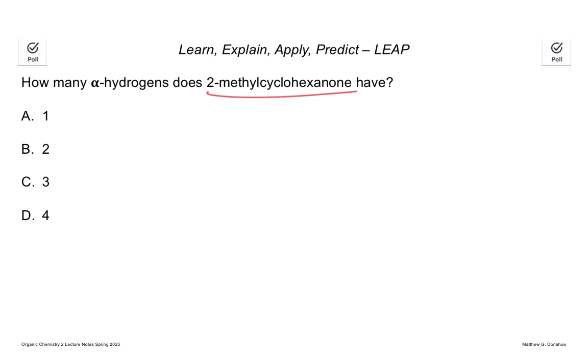So let's look at cyclohexanone. So 2-methyl-cyclohexanone. How many total alpha hydrogens does it have? 3.